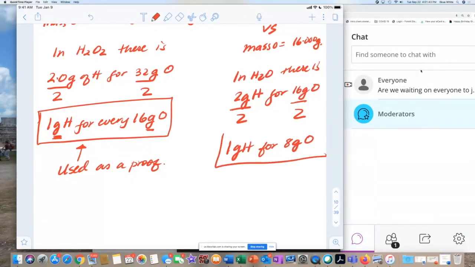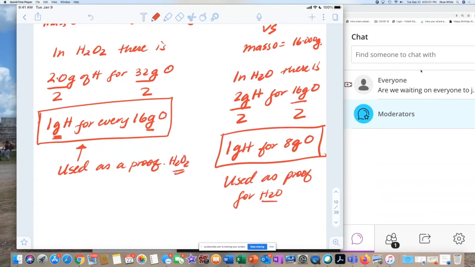So this relationship here is the relationship that's used as proof for H2O. So notice we're only using the masses as proof. Okay? So they call this the mass relationship. The mass relationship is used as a proof for the water versus the hydrogen peroxide.